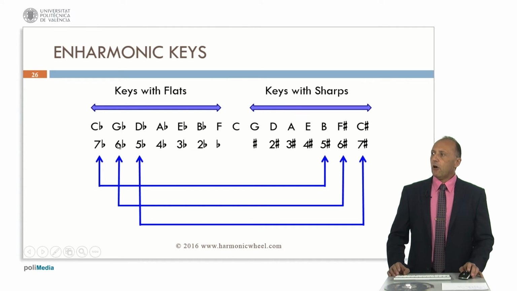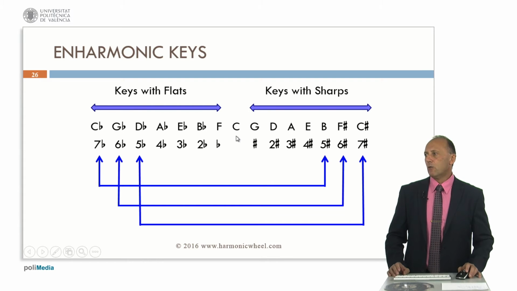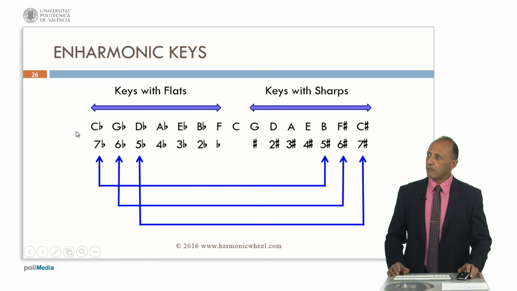We can represent all the keys along with its accidentals. As we can see here, the keys with flats are F and other notes with flats, and the keys with sharps are natural notes except C and F and some notes with sharps. Here we can see that there are some enharmonic keys.